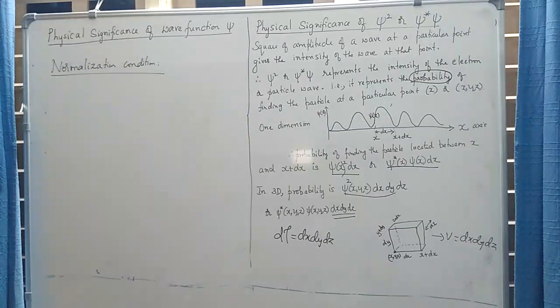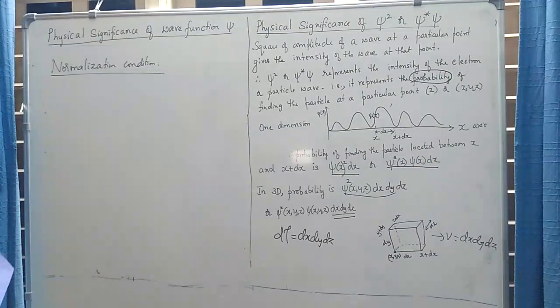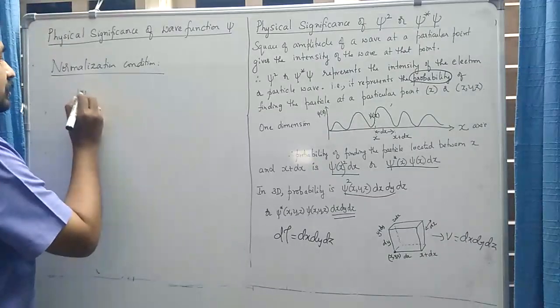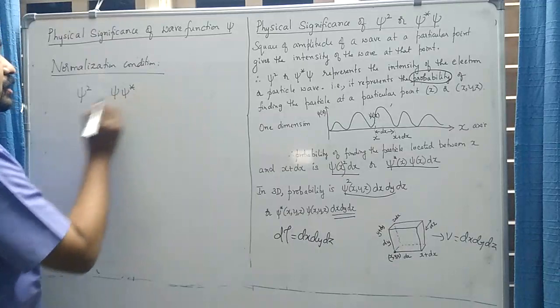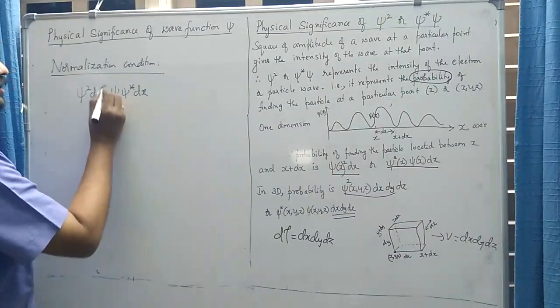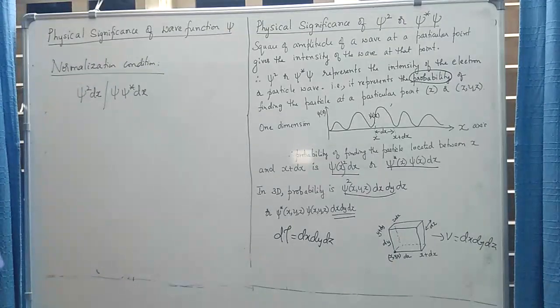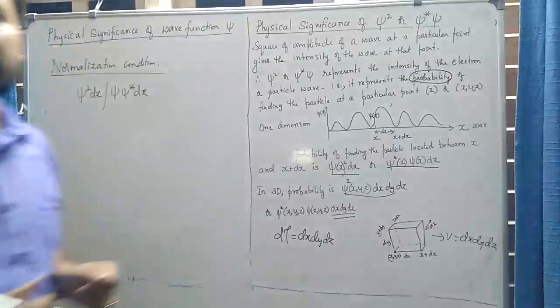What is this normalization condition and why? What is the necessity of applying this normalization condition? Now we already know that psi square, or psi into psi star, in one dimension, into dx, represents the probability of finding the particle along the x-axis in a very small region dx.